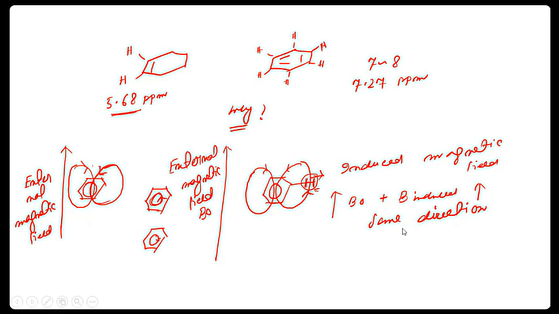So basically what we have done is we have applied a magnetic field B0. Because of the ring current we have some induced magnetic field. It also goes in this direction. That's why the proton gets a part of this induced magnetic field in the same direction.